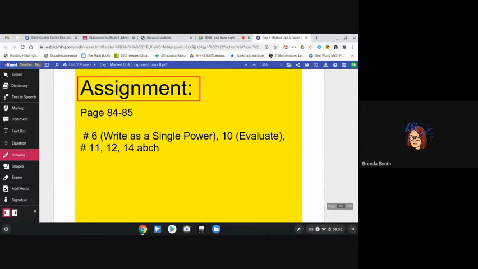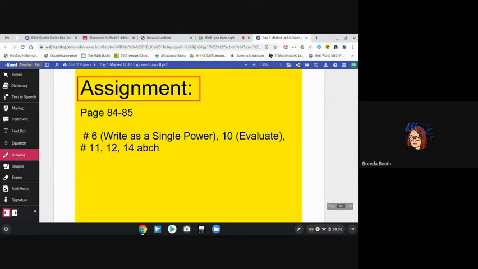Number 6 says write as a power. And I think I'm just trying to get the point across there that we're writing it as a single power. Right now it's a power of a power, but we want just a single power. And then for number 10, where it says simplify each expression, then evaluate it.